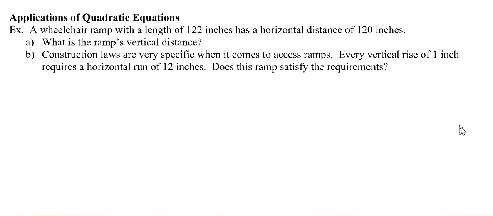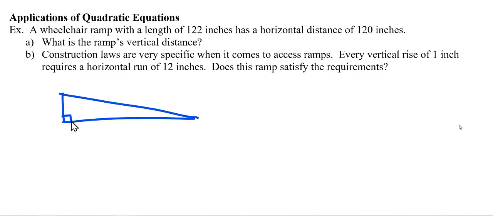A wheelchair ramp with a length of 122 inches has a horizontal distance of 120 inches. What is the ramp's vertical distance? In the picture we're seeing here, you've got the vertical distance, the horizontal distance, and then the ramp itself.